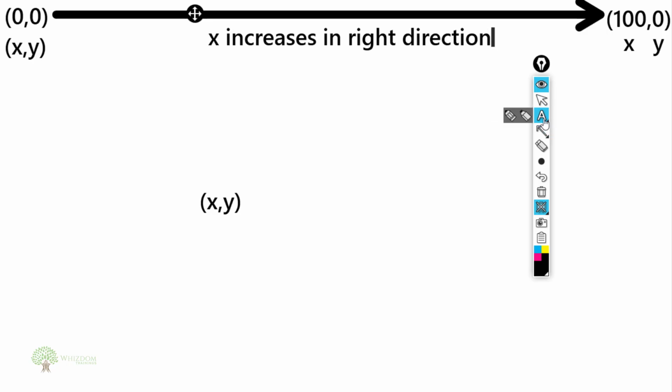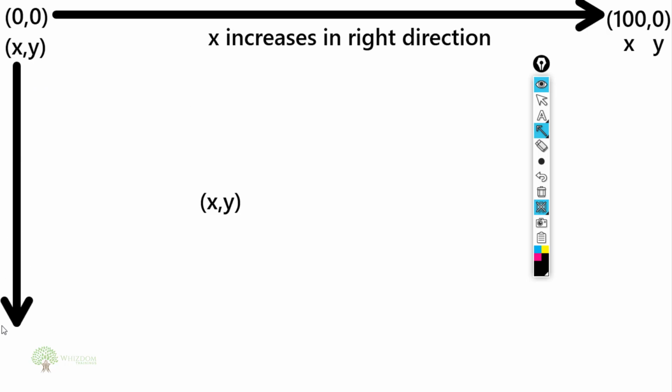Now this also means that if we go downward, x would stay 0, but y would increase or decrease. In case of Selenium, it would increase. In case of math, it would decrease, right?